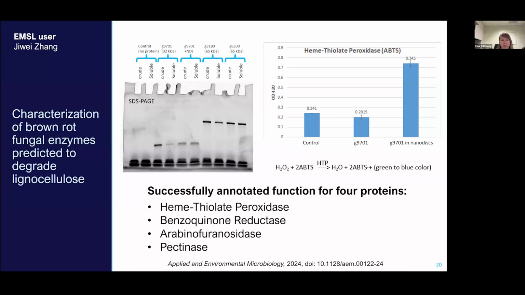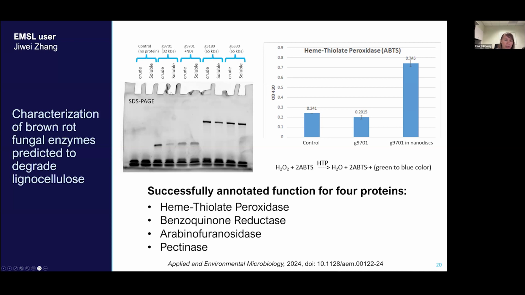So we generated a bunch of proteins for him. We used our cell-free expression platform. And here on the slide, you see an example of a gel showing the cell-free expression screens that we generally do. For example, the first two lanes show control reactions where we don't have any protein expression.